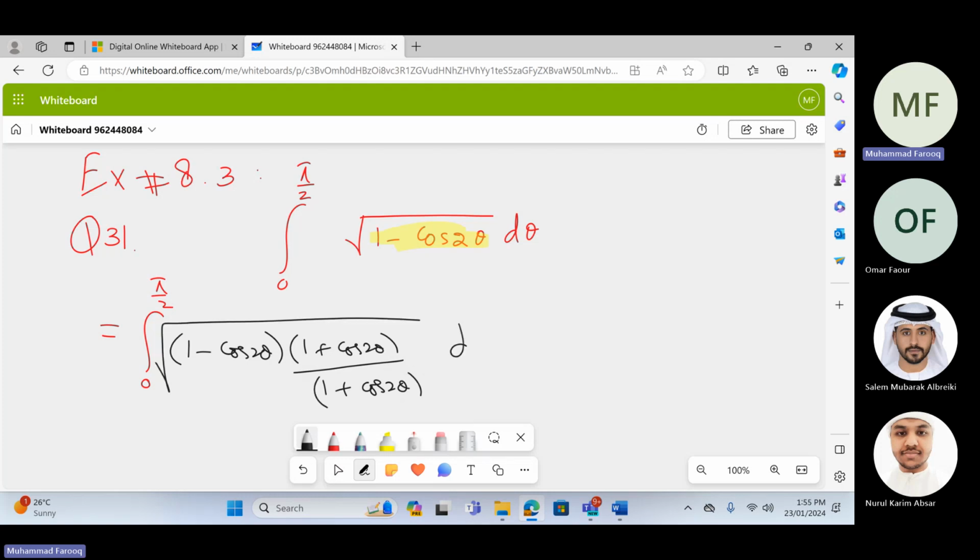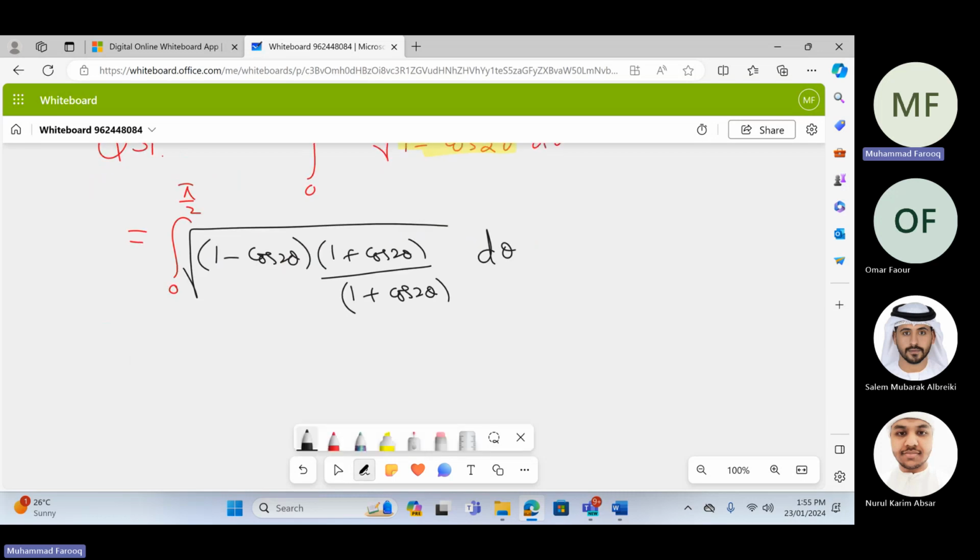Now, a minus b times a plus b becomes a square minus b square, which is basically 1 minus cosine square 2 theta divided by 1 plus cosine 2 theta. If you don't mind, I distribute the square root up and down, please, okay?